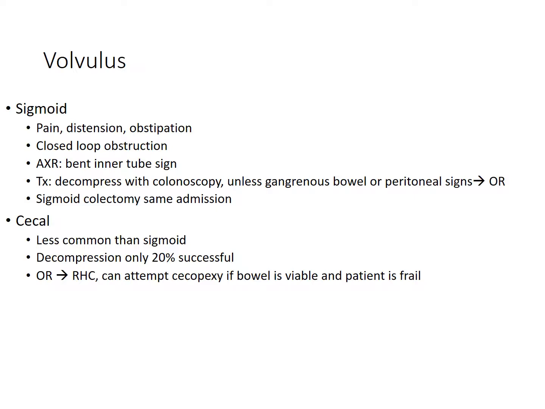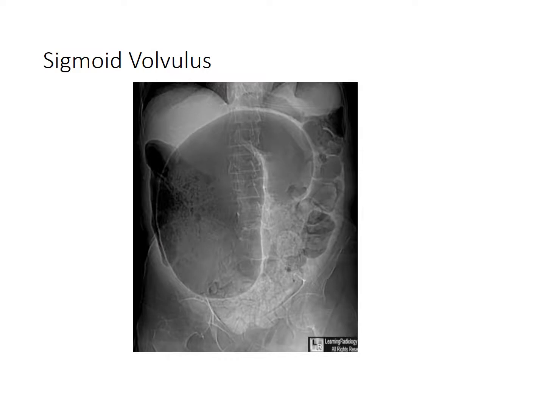But also, if patients won't be able to tolerate a big procedure like hemicolectomy, and the bowel's viable, you may be able to just pexy the cecum. Here's an X-ray of sigmoid volvulus. As you can see, it points up to the right upper quadrant, so they point in the opposite direction. So a cecal volvulus would point to your left upper quadrant.